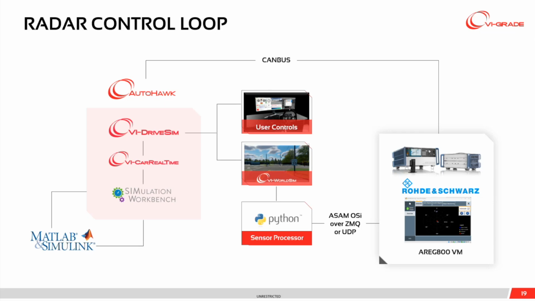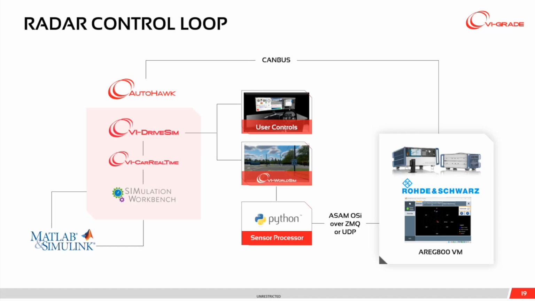So over here, this is the architecture diagram of how it all works. It's a very simplistic view, but it all works very well. Over here, we have our simulation stack where I have MATLAB Simulink components sitting on top, integrating with our AutoHawk capability, which is our real-time hardware, using DriveSim and our car real-time component to simulate the vehicle.